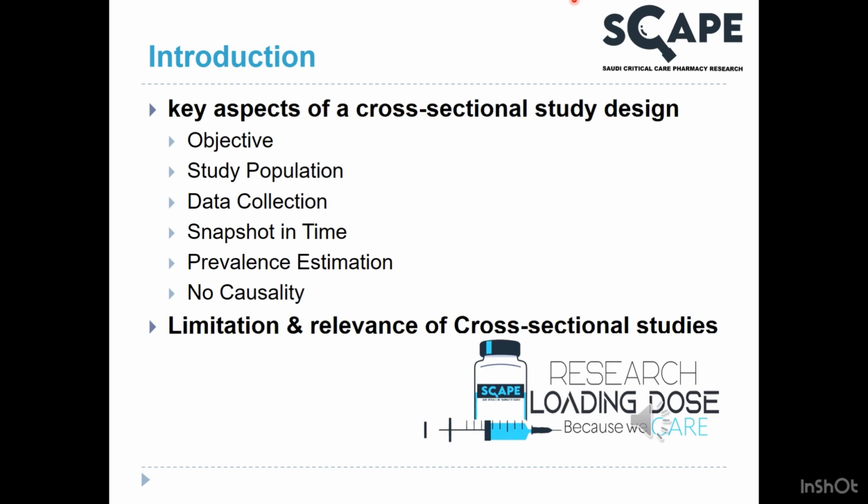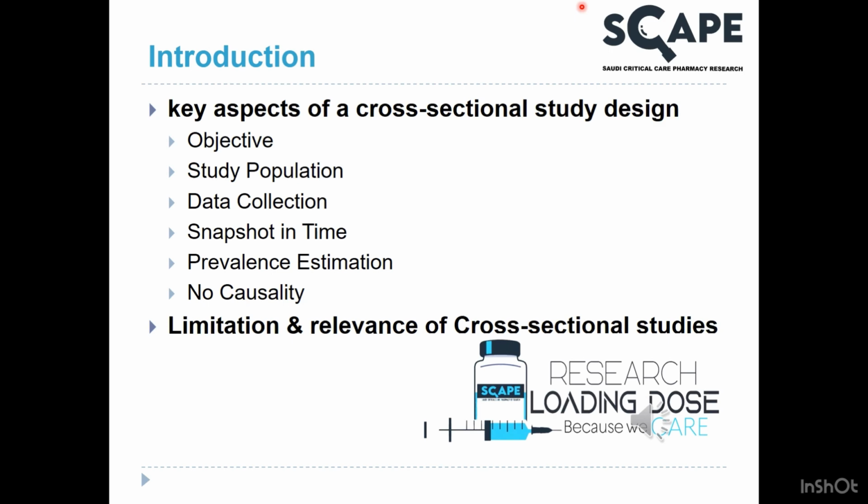However, they have limitations, particularly in establishing any temporal relationship between exposure and outcome, which may be very important to understand the impact of a particular disease on the exposure. So this is all about the introduction to cross-sectional study designs and how we can implement such designs.